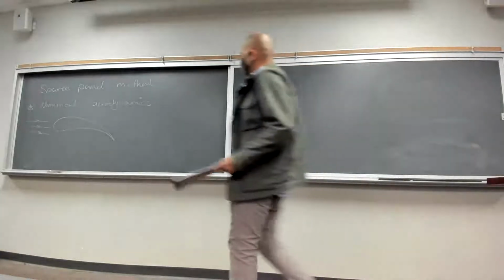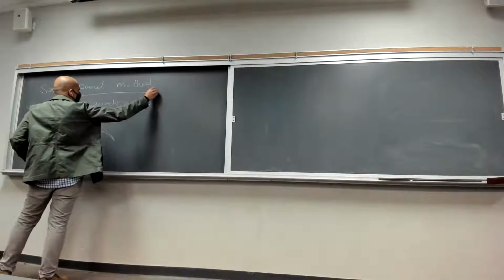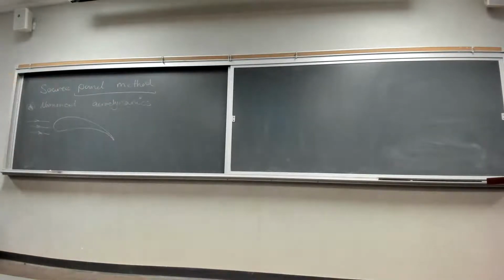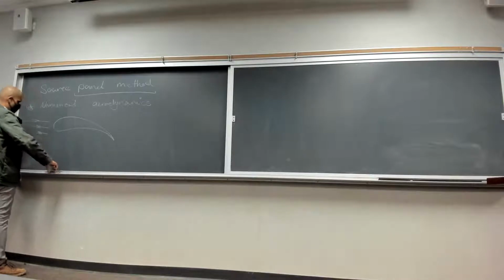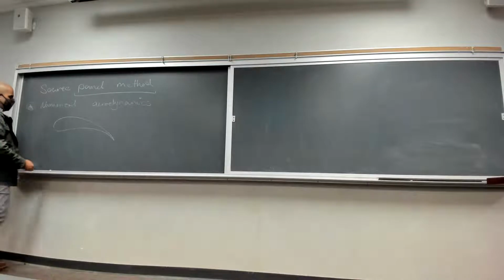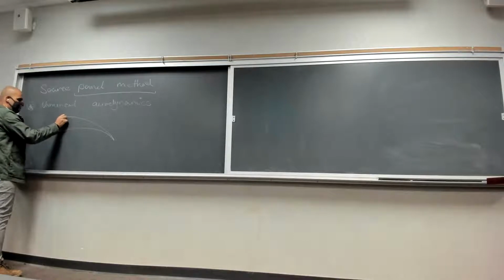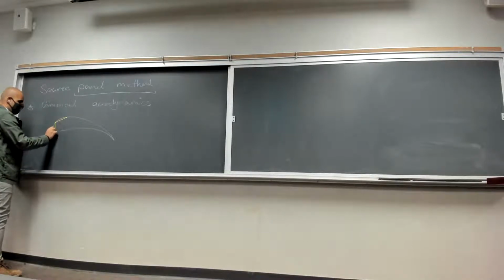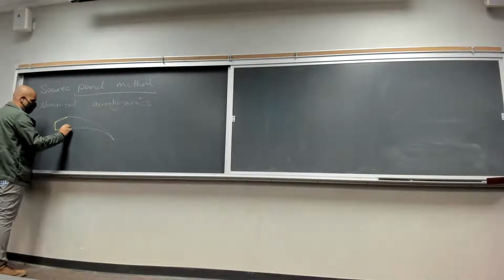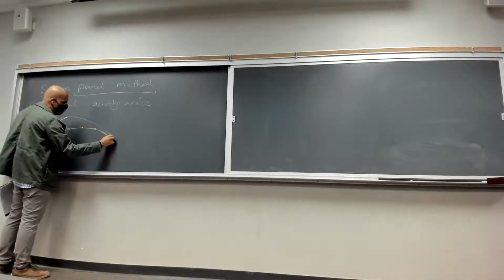And this is the first of a lot of panel methods that we are going to discuss. Well, what does the panel method part refer to? This essentially refers to the fact that we are going to break up this airfoil, or any airfoil for that matter, into small panels.